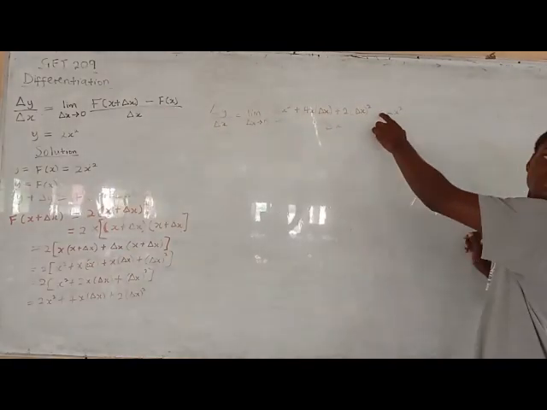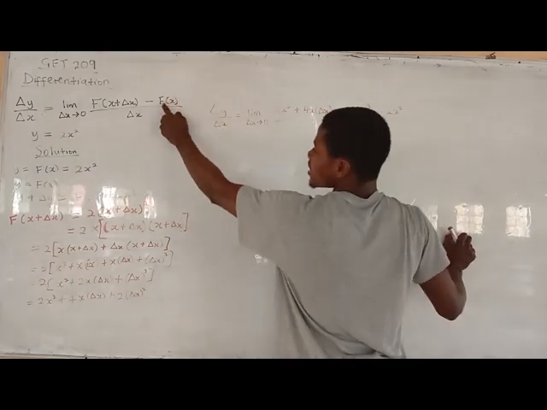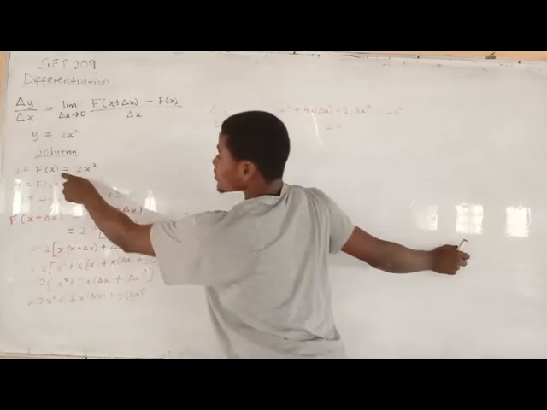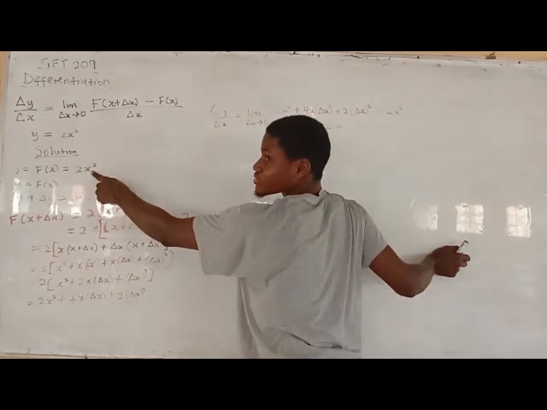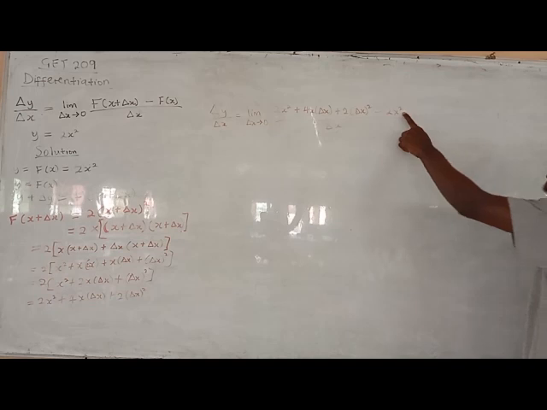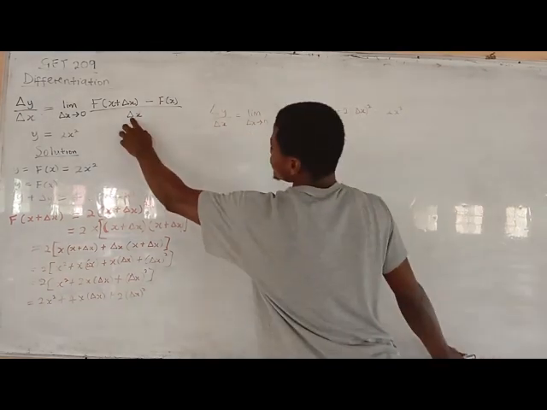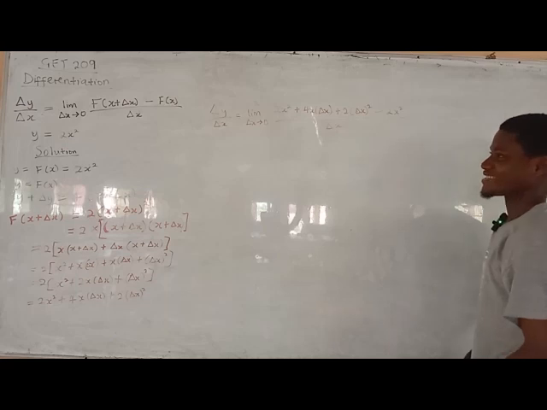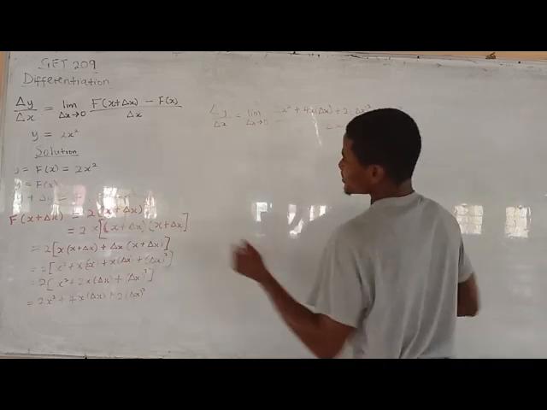Shade is a minus. Your f(x), we said our y equals f(x), which equals what? 2x square. So that's the 2x square we have here, divided by this change in x. So this is a change in x. So we now have that.